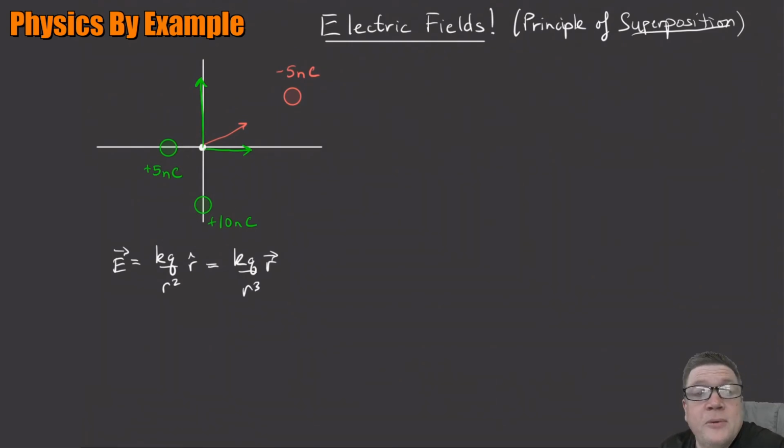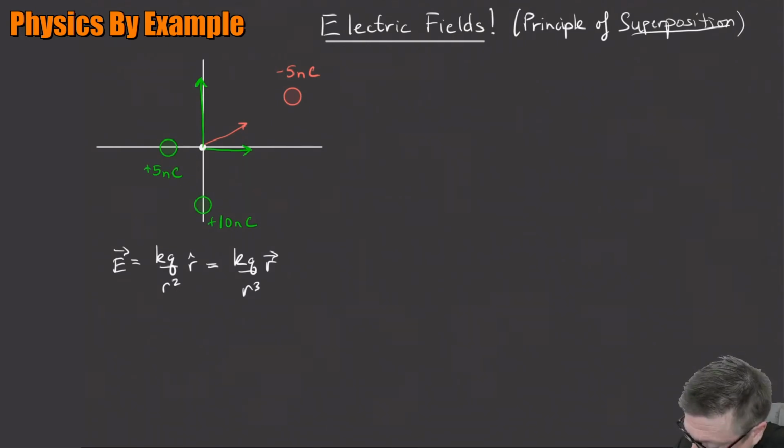They don't interfere with each other, which is nice. So I figure out the electric field due to the -5 charge, pretending the other 2 aren't there. Then I do the plus 10, pretending the other 2 aren't there, and so on. Then at the end, you add all those fields together.